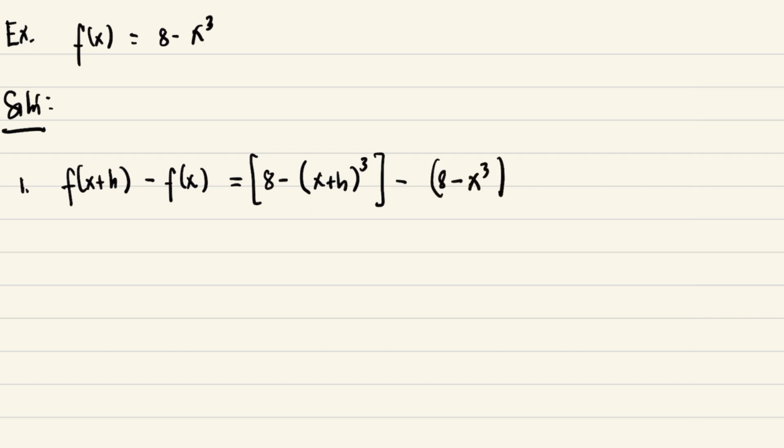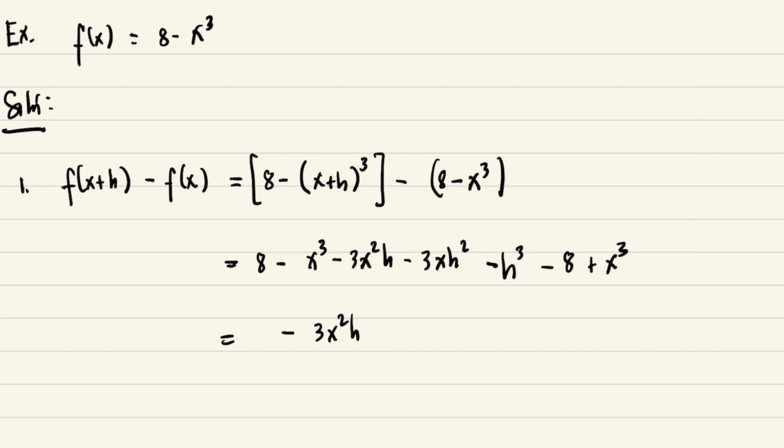If we simplify this, we get 8 minus x cubed minus 3x squared h minus 3x h squared minus h cubed minus 8 plus x cubed. If we simplify further, we end up with negative 3x squared h minus 3x h squared minus h cubed.